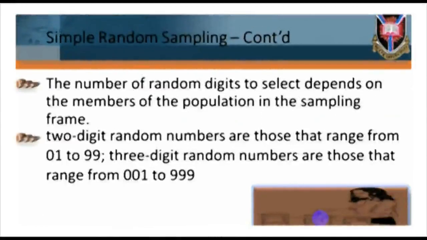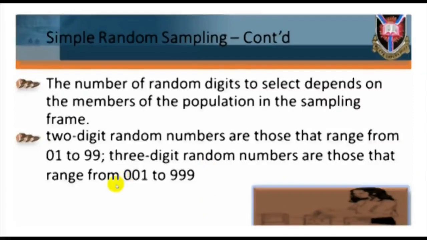The number of random digits to select depends on the members of the population in the sampling frame. If they are between 1 and 99, then 2-digit random numbers are selected at a time from the table.